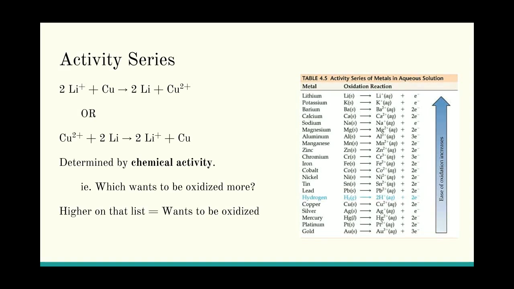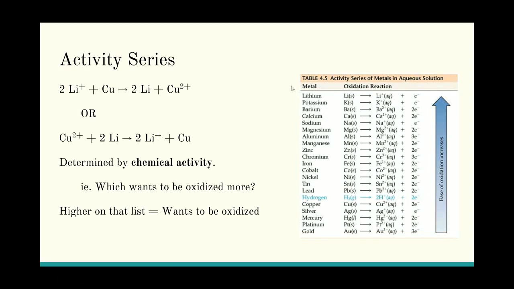So the way you use the activity series for a problem like this is you ask which element wants to be oxidized more, and you look and you'll see copper is down near the bottom, and lithium is all the way up at the top. It really wants to be oxidized.